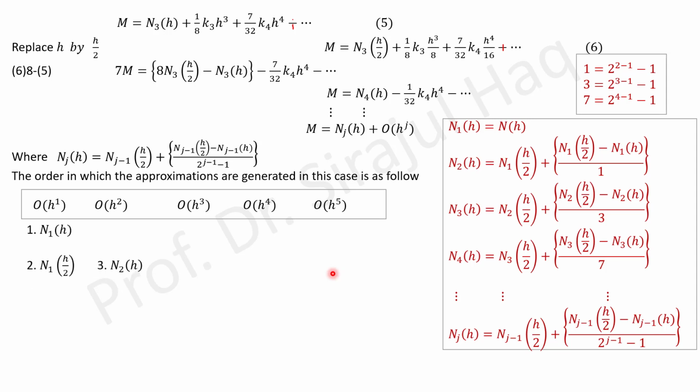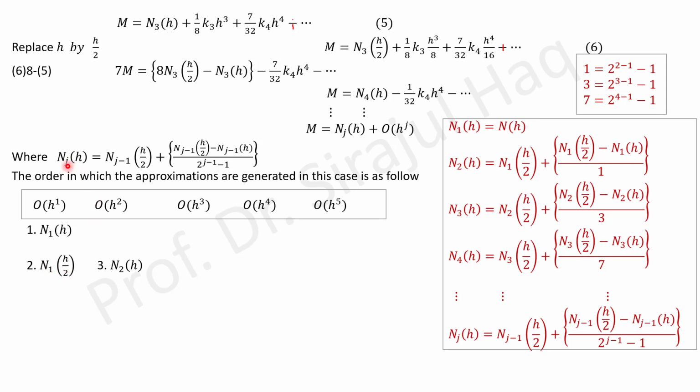What you have to do, N2 of h is required because N1 is coming from the first stage. N2 of h is required. So if you substitute j is equal to 2, it means that you need N1 of h divided by 2. You need this value, and you need N1 of h. You need these two values. If these two values are known, then you can find out this value. So that will be the step. First find out N1 of h, then find out N1 of h divided by 2.